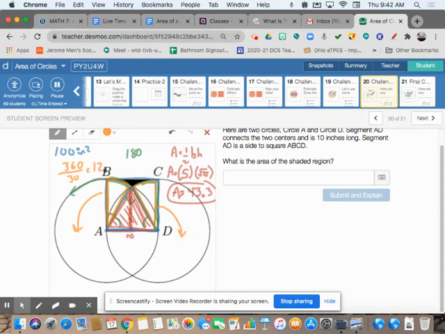But now that you know it's going to fit in there 12 times, what we can now do is say, oh, yeah, I remember that the area of this full circle was 314 inches squared. Okay, that looks like a 9, but it's 4. 314 inches squared.